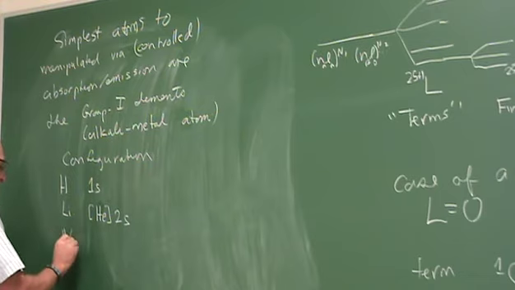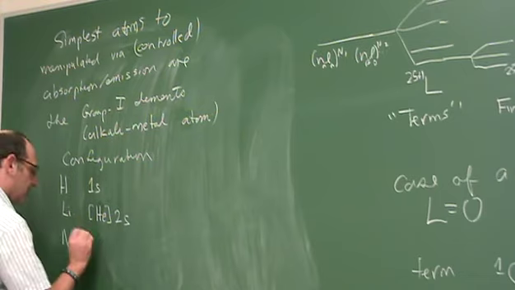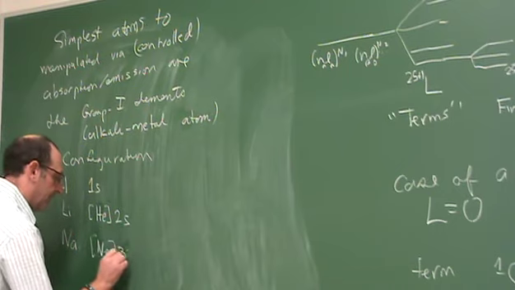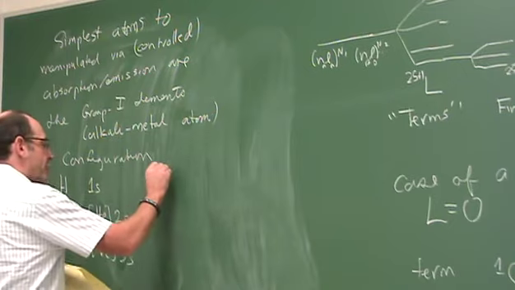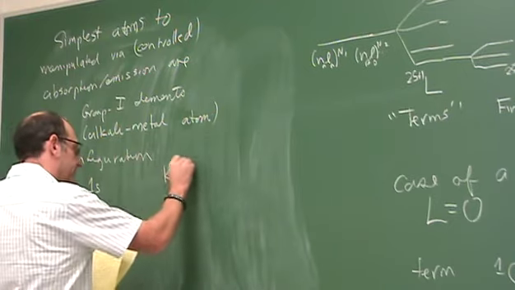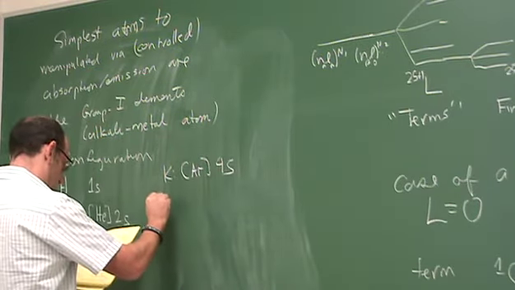Then we've got sodium, which has the neon core and a 3s valence electron. Potassium has the argon core and a 4s valence electron.